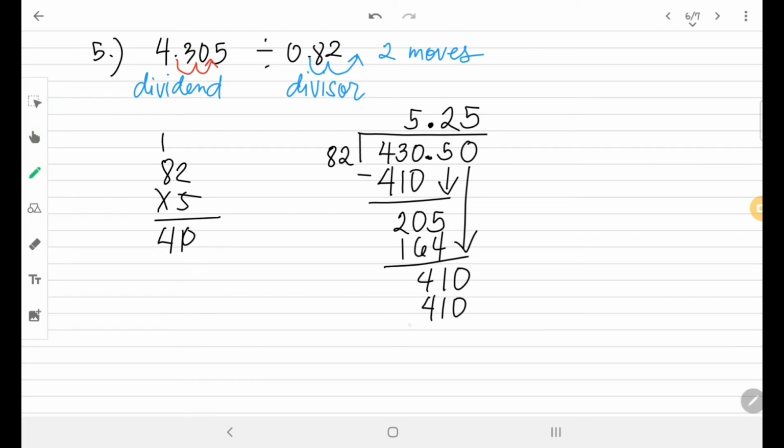We have nothing more to bring down, because the 0 is already at the end. So our final answer is 5.25.